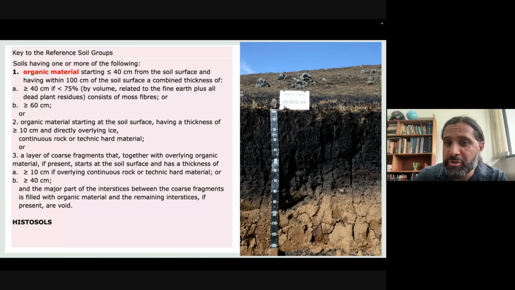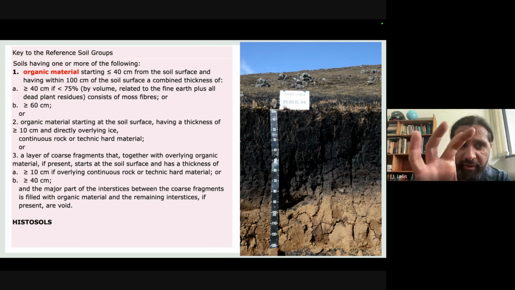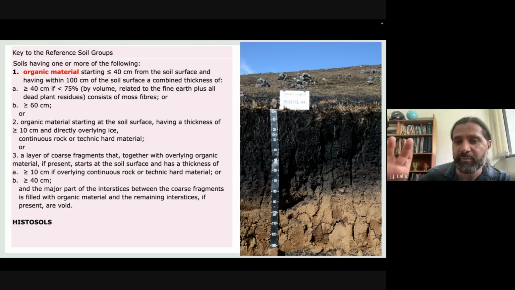In WRB, we just have one value, that's 20%. So to identify organic material, to identify a histosol, you must find a very high organic carbon content. And this organic carbon content should encompass 40 centimeters or 60 centimeters according to the nature of this organic matter.